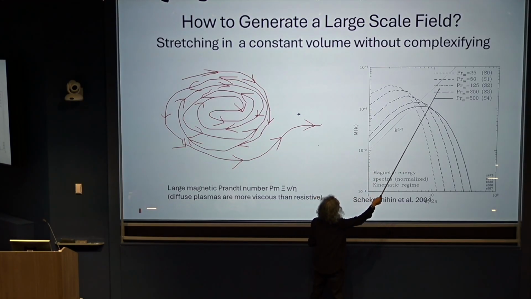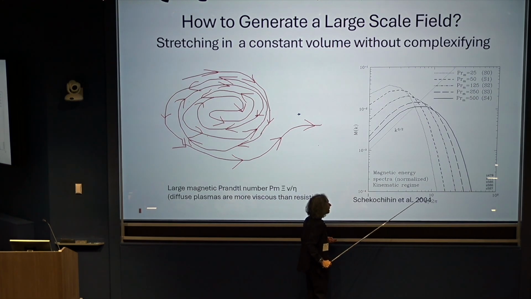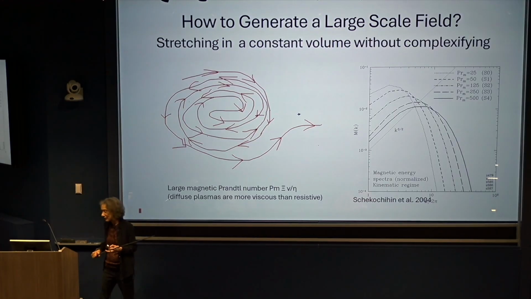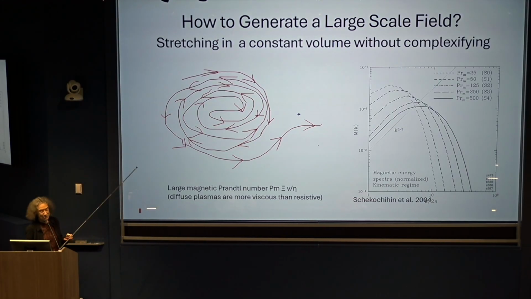This is a progression in magnetic Prandtl number going from 25 to 500, and you can see that as the Prandtl number increases, it could be 10 to the 5 in a typical diffuse hot plasma, the peak moves to smaller and smaller scales. This is an old plot by Alex Schekochihin, but it remains as flagrantly problematic as it did 20 years ago.